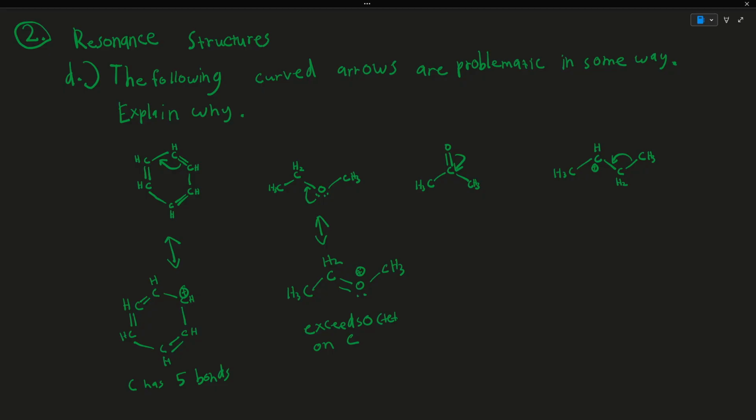All right, here we have on the third one the set of double bond electrons going onto the carbon. So what we end up having is this. Right now, there's a single bond between the carbon and the oxygen.